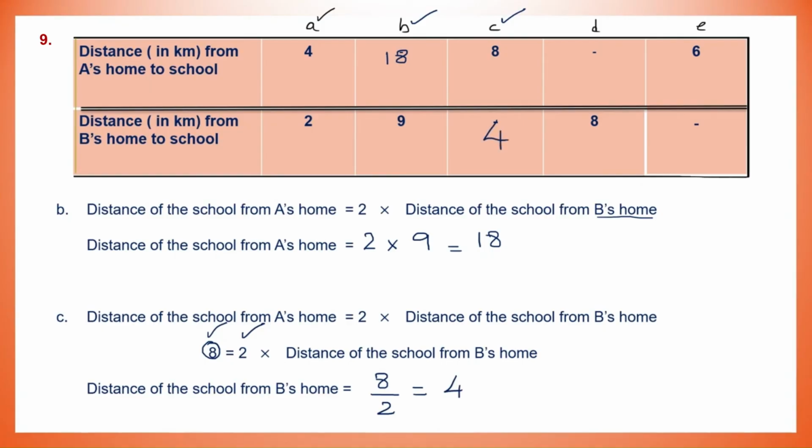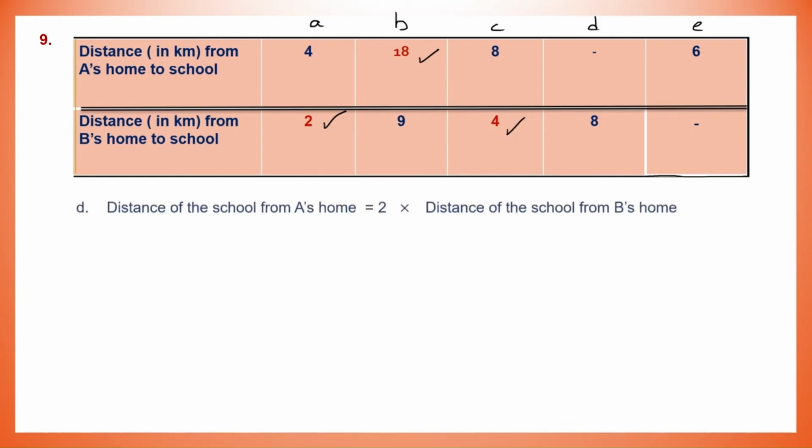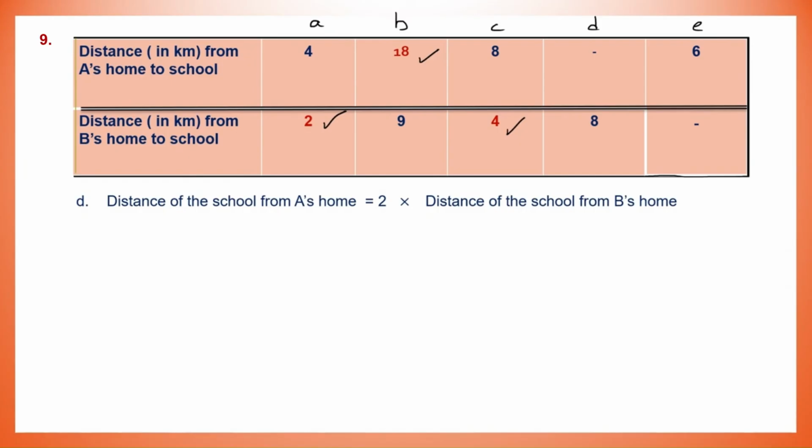Okay. Then we'll move on to the next one. Next question. So here we have found A, that is 2, B is 18, and C is 4. We've already found. Now we have to find D. This time again it is from A's home. So same statement, distance of the school from A's home is 2 into B's home.